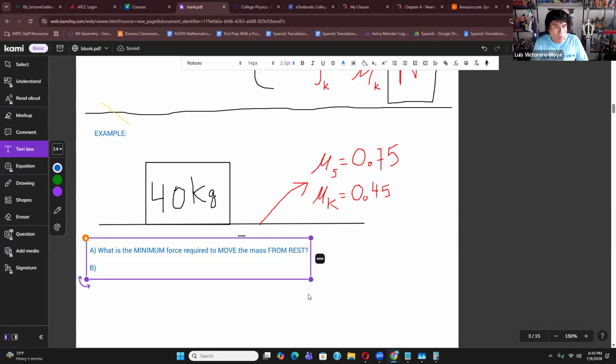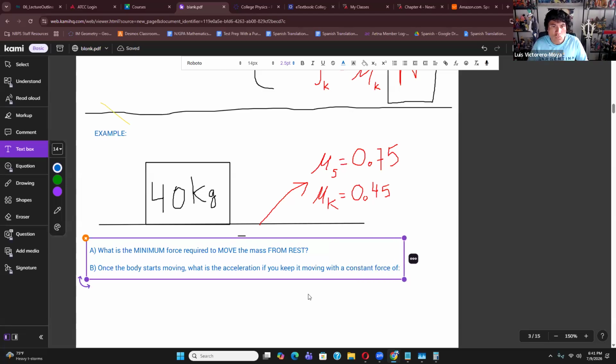B, once the body starts moving, what is the acceleration if you keep it moving with a constant force of 215 newtons?